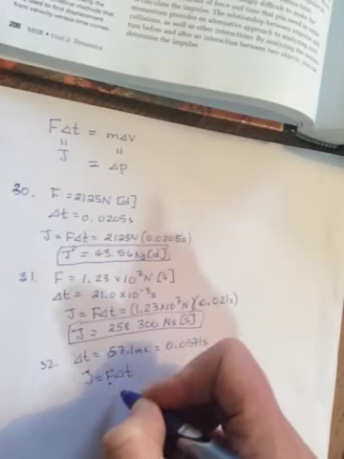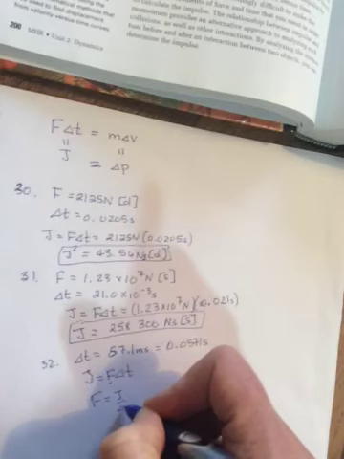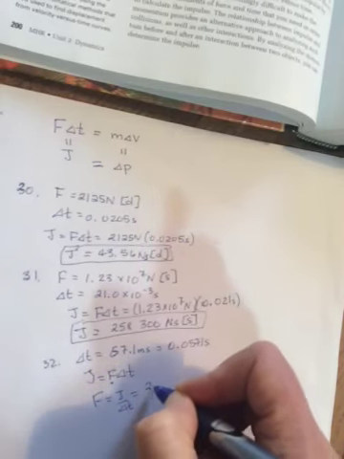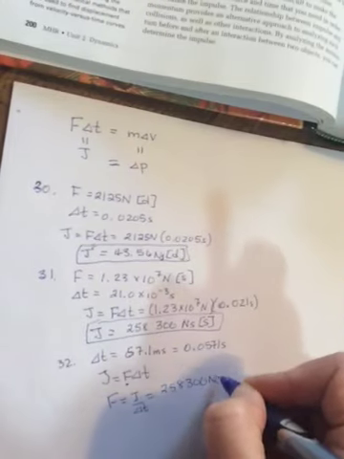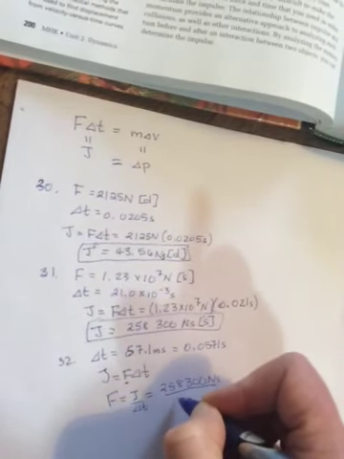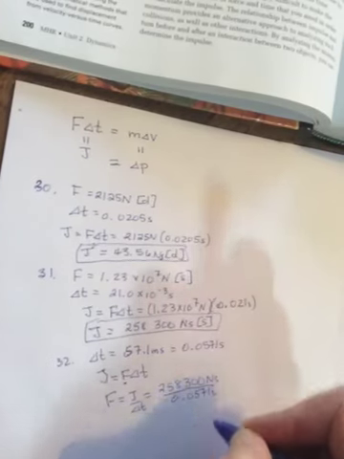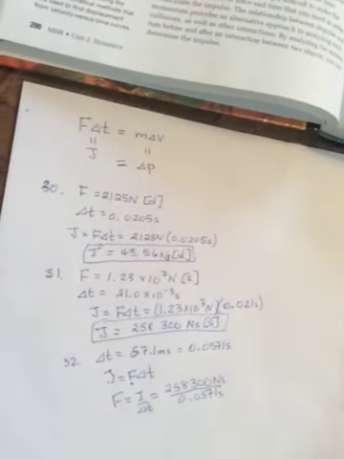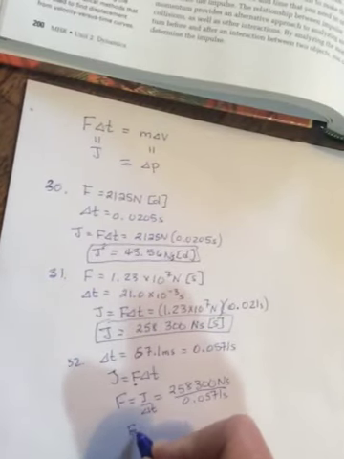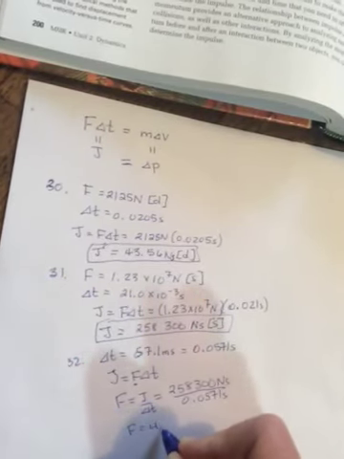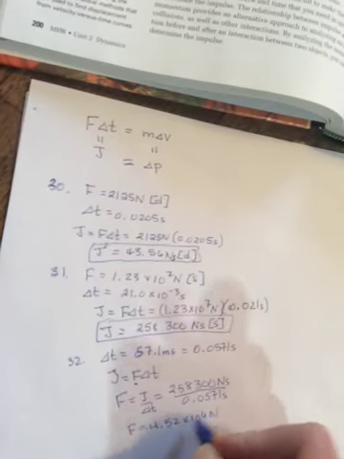So we're looking for F, so divide by T. So F will be equal to J over delta T. So your 258,300 newton seconds divided by 0.0571 seconds. And when you do this, you get a force of 4.52 times 10 to the 6 newtons.